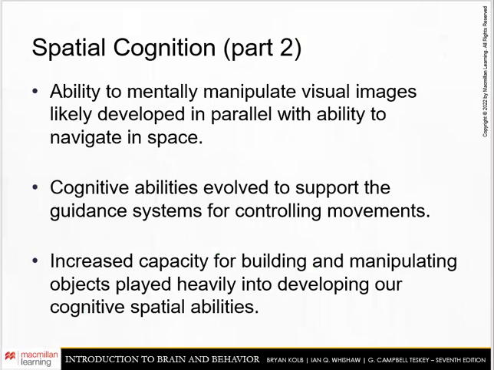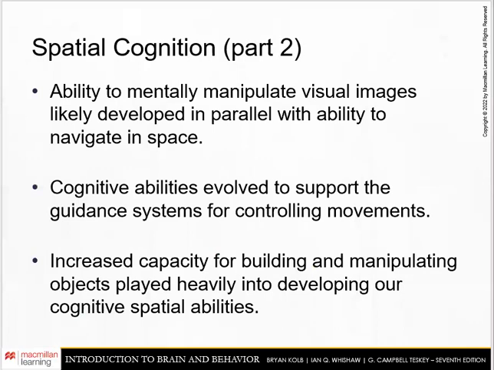The ability to mentally manipulate visual objects likely develops in parallel with our ability to navigate in space. Cognitive abilities evolved to support the guidance systems for controlling movements, and the increased capacity for building and manipulating objects played heavily into developing our cognitive spatial abilities.